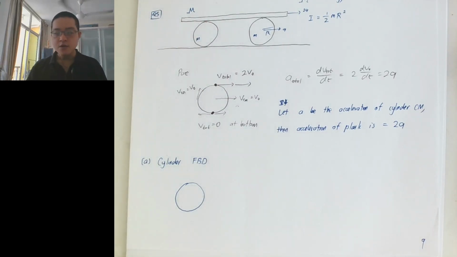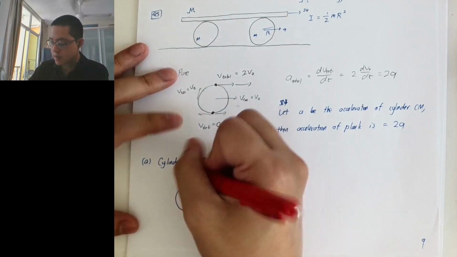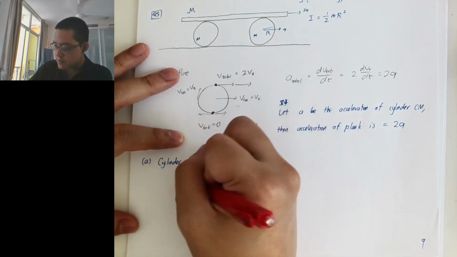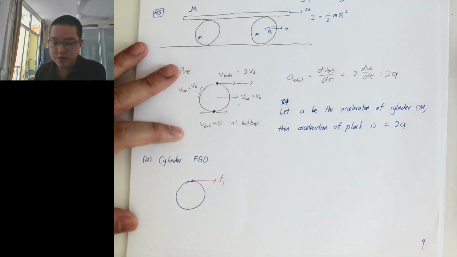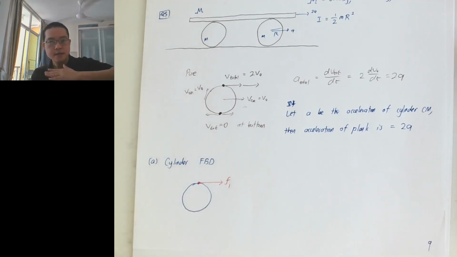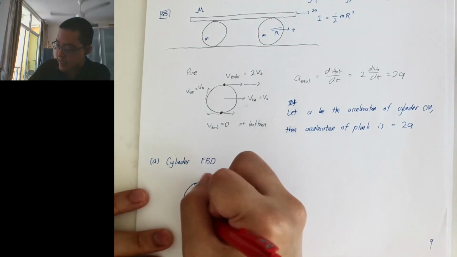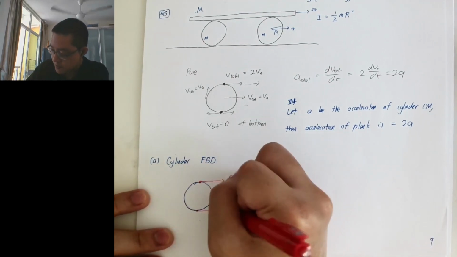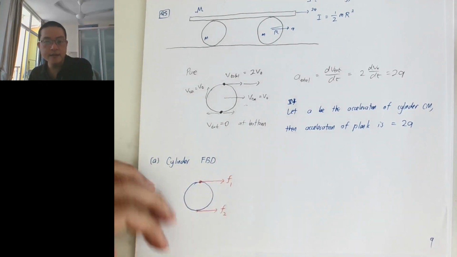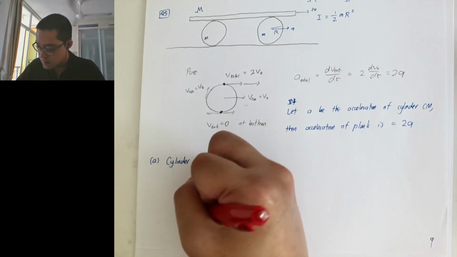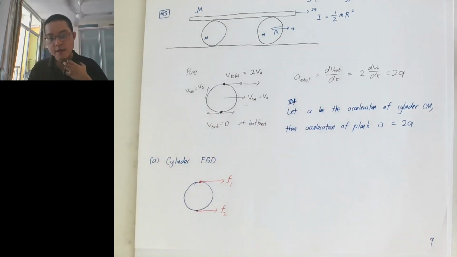There is a static friction between the plank and the cylinder. It is also touching the floor, so there is another static friction between the cylinder and the floor. So there are two forces acting on this.